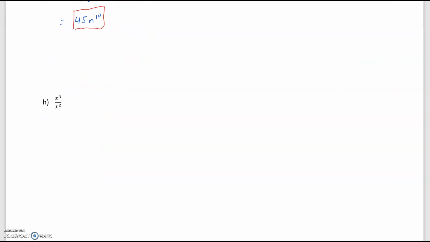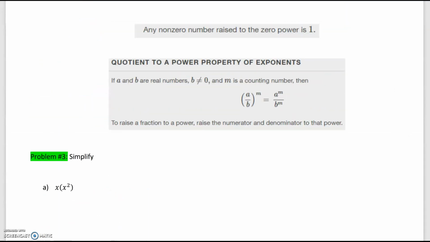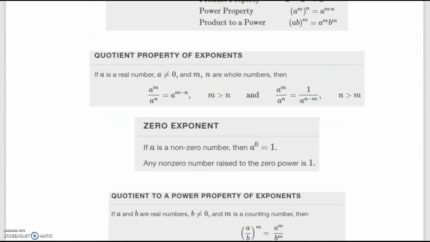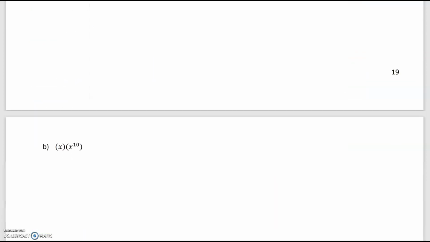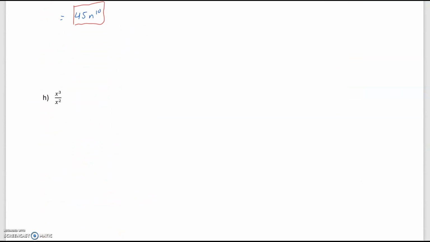Now, for this particular one, we could use cancellation, but let me show you the formula that we're going to be using. And going back to the formulas, this is the formula, where you're pretty much going to be taking the exponent on the top and subtracting the bottom. So let me actually do the cancellation so you see how that formula applies.